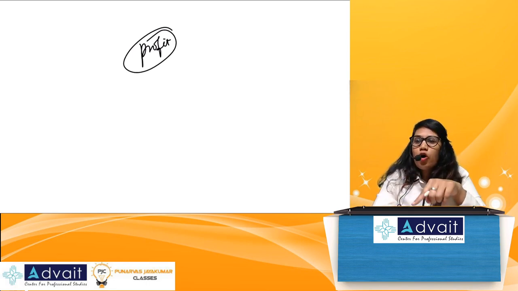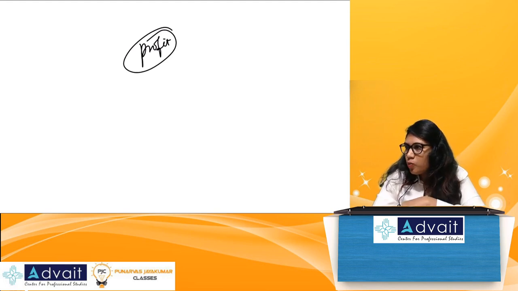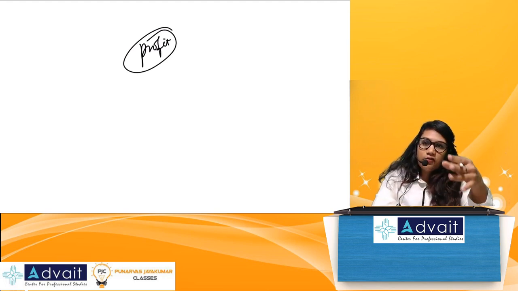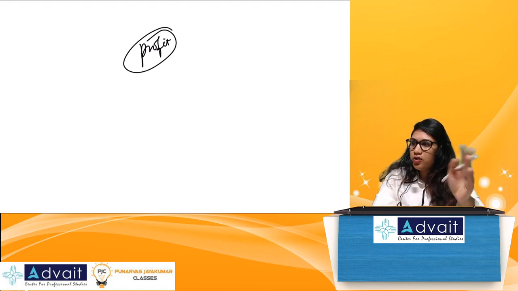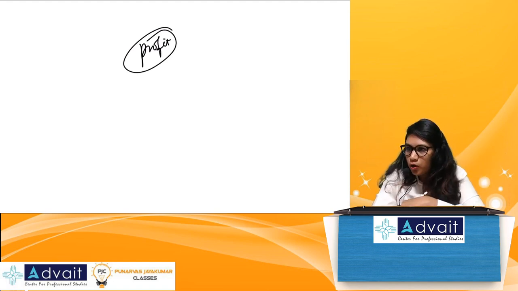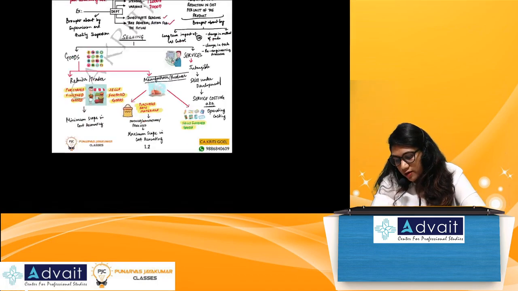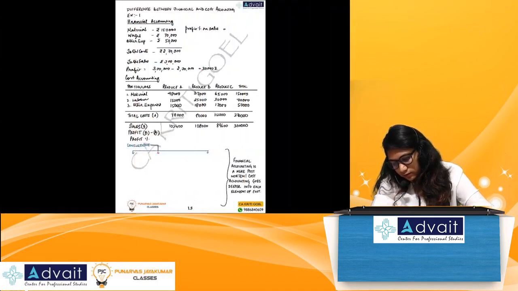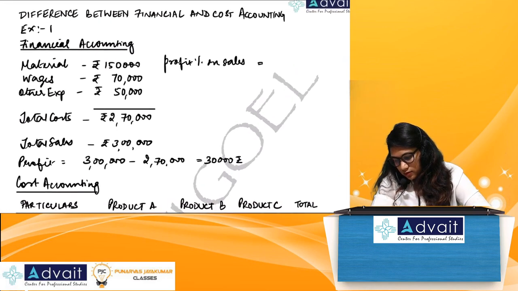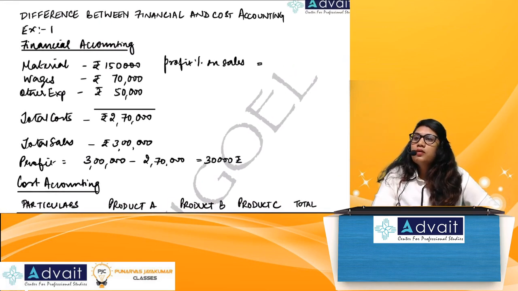So before I make it very boring for you by telling you the differences, which anyway you can read from the theory book, we will directly take an example. Okay, so if you go to your chart book, the next page, we will understand this example and then understand what is the difference between financial accounting and cost accounting.